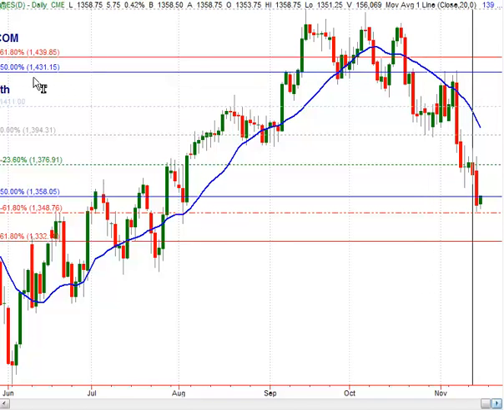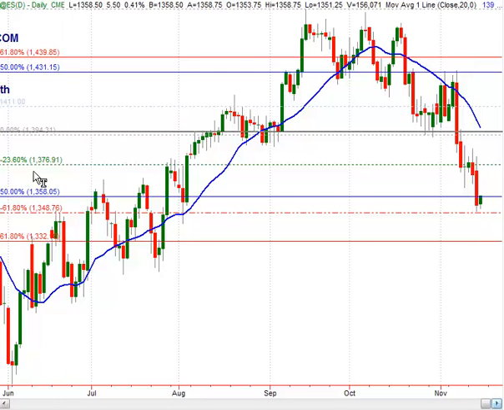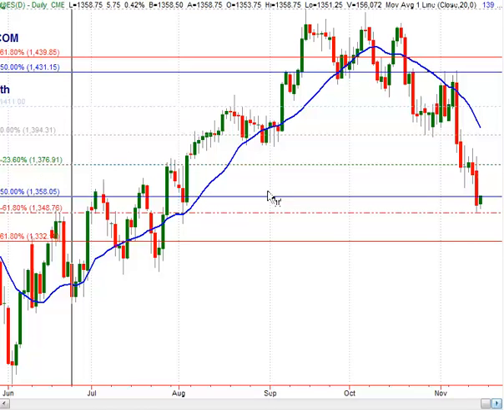So we have a 1431 setup short. We had it, and it touched the first target in 1377, and as we can see, it touched the second target as well.